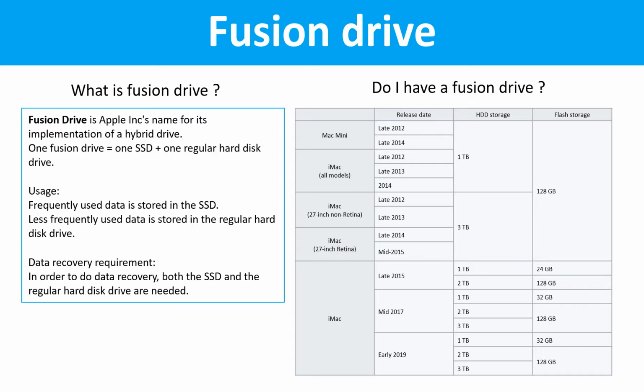Data recovery requirement: in order to do data recovery, both the SSD drive and the regular hard drive are needed. Do I have a Fusion drive? This table lists all the Macintosh computers which used Fusion drives.